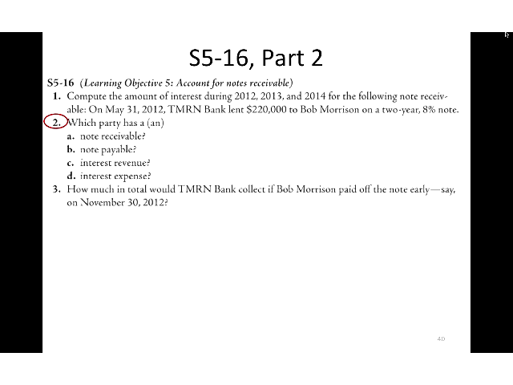So the bank has a note receivable. Bob has a note payable. The bank has interest revenue. Bob has interest expense. The dollar amounts will be the same for both parties. Just one accounts for it as a note receivable, one accounts for it as a note payable. One has interest revenue, the bank. Bob has interest expense.